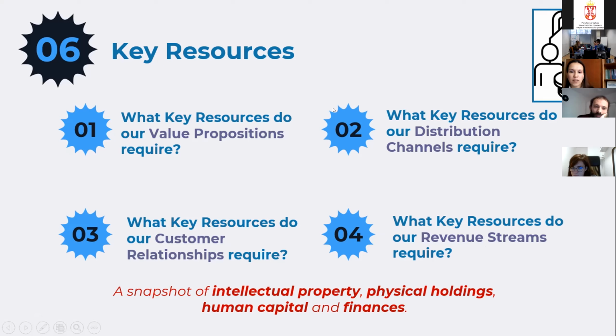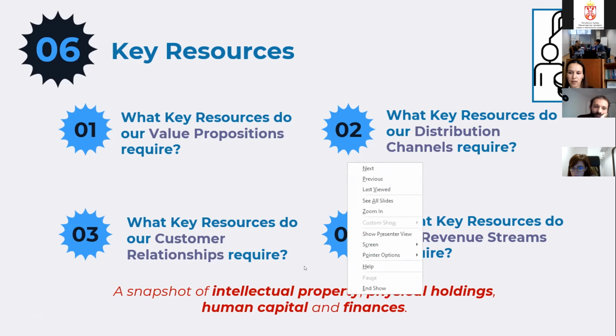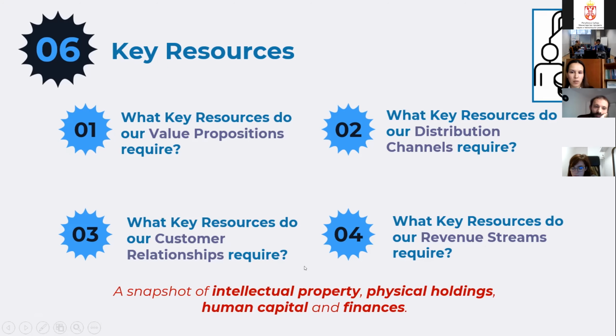Here we just give a snapshot: intellectual property, like patents, trademarks; physical holdings, equipment, buildings, offices; human capital, entrepreneurs, employees of the company; and finances, the cash flow.